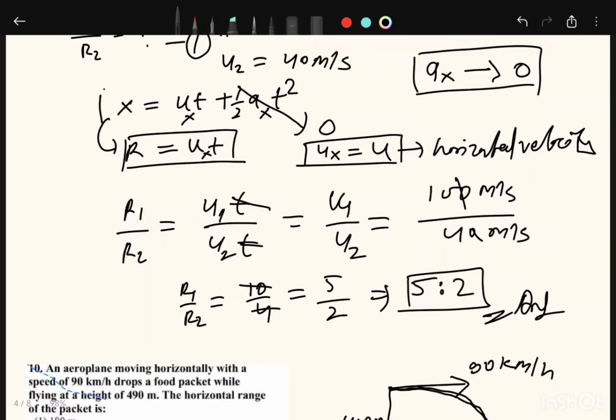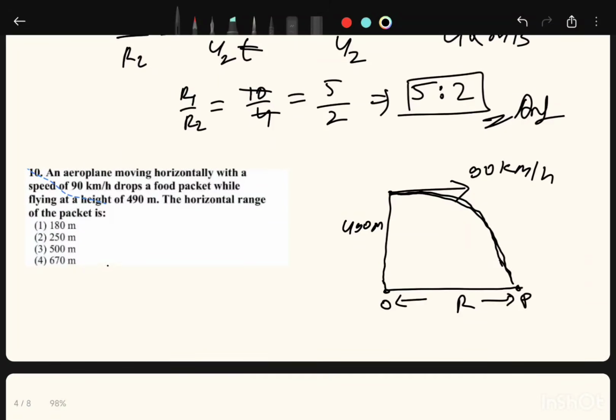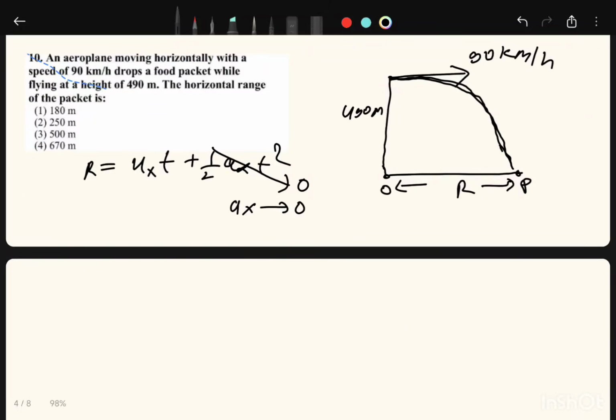R will be equal to ut, because the acceleration in the x direction is 0. So your formula for range will be R equal to uxt plus half axt square. This term will be 0 as ax is 0, so our horizontal range will be R equal to uxt.